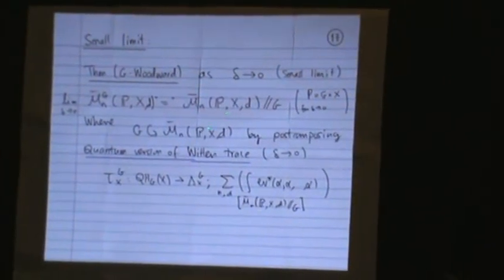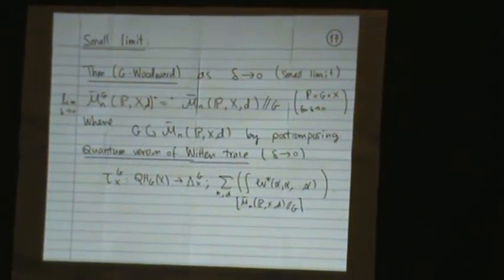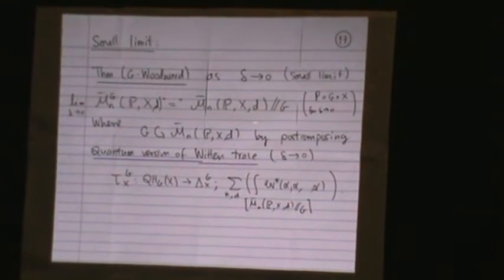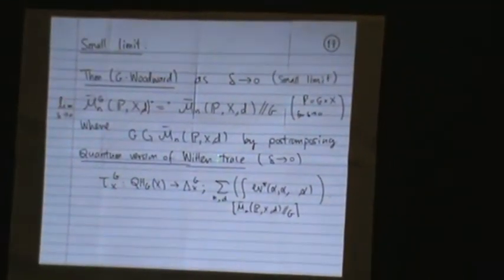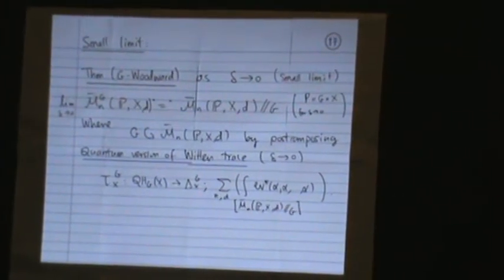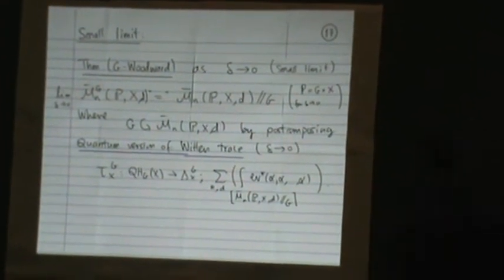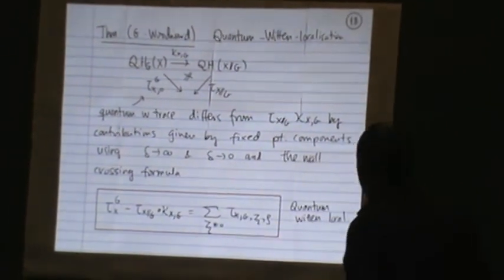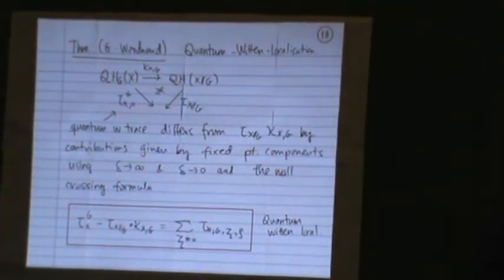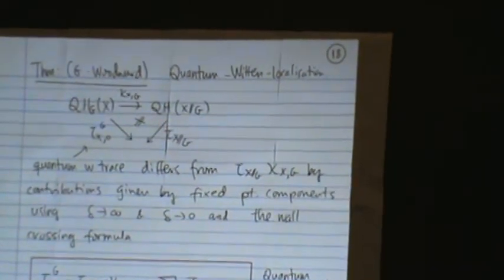So this is the quantum version of the Witten trace. It's essentially integration of classes with respect to this moduli space. Okay, so that gives us the proper quantization of this moduli space. And this is a graph. So the theorem now reads as follows. This is the quantized version of the Witten localization.